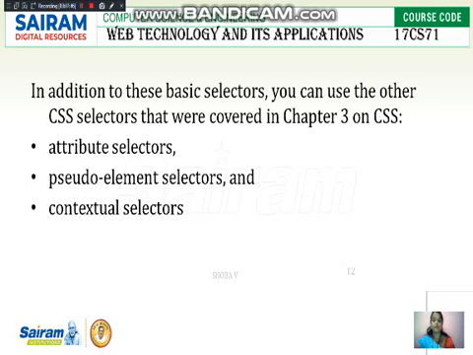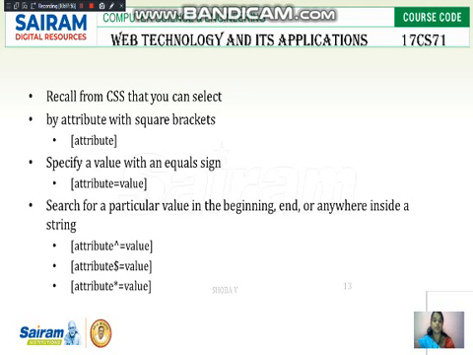In addition to these basic selectors, you can use other CSS selectors that were covered in cascading style sheets. We have attribute selectors, pseudo element selectors, and contextual selectors. Recall from those that for attributes, we can use square brackets, and if you want to specify a value, you can give an equal operator and search for a particular value at the beginning, end, or middle inside the string.